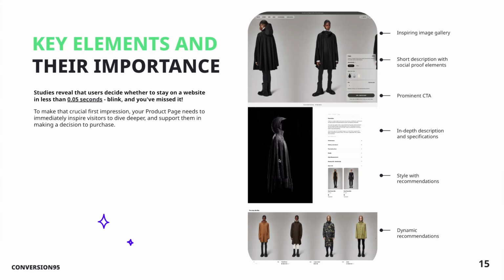Short descriptions with social proof elements are also super important, but a short description can only get people this far. They need to actually find answers to their specific, deeper needs and questions.